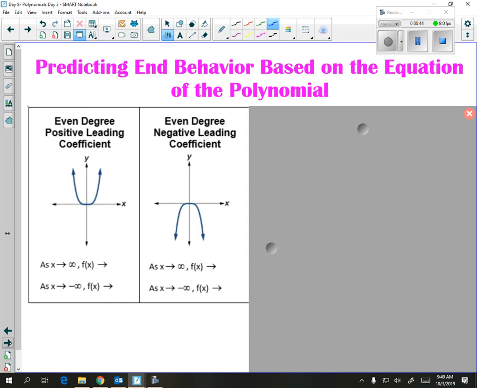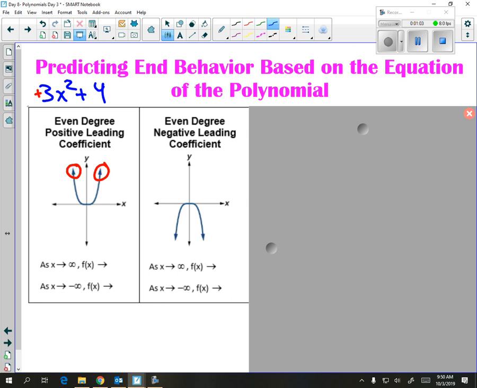So when you have a positive leading coefficient, for example, 3x squared plus 4, I have a positive 3 out front. That means my arrows are going to end going up.